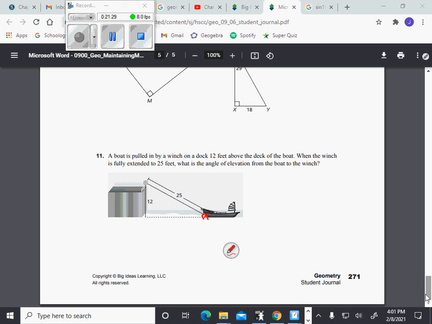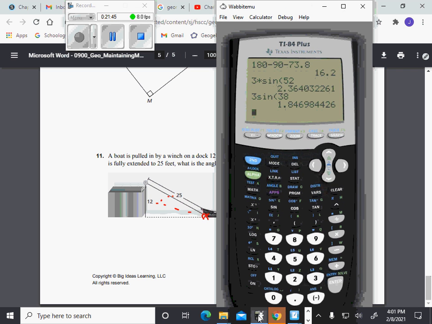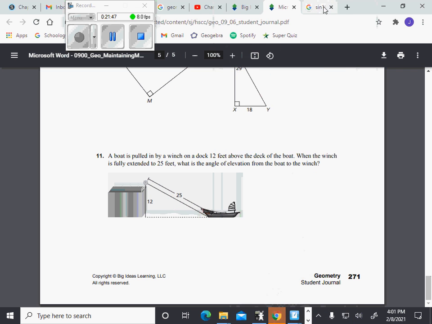So the sine of x. Why do I use sine? Because we're working with opposite over hypotenuse. It's equal to 12 over 25. So sine of x is equal to 12 over 25. How do we get rid of sine? We just want to solve for x here.